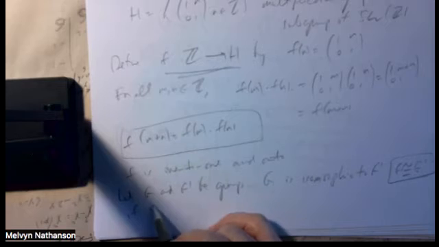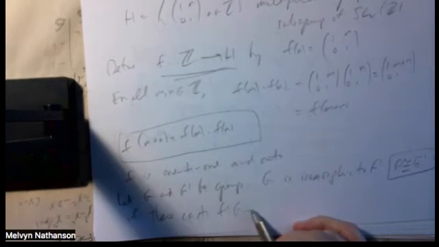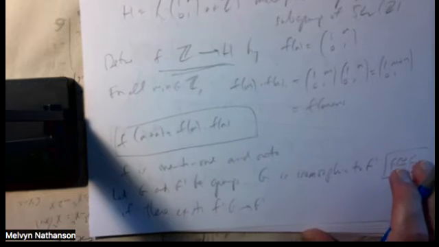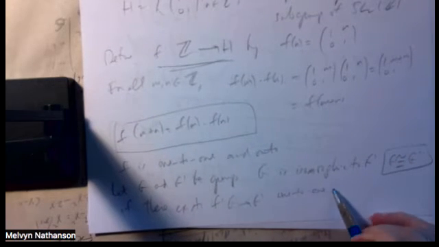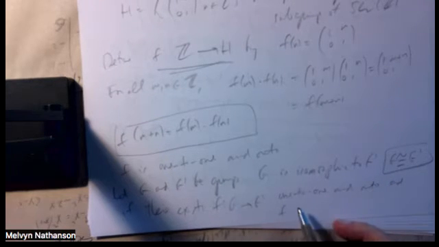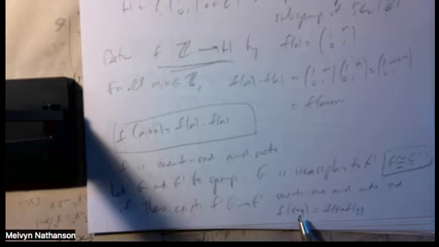If there exists a function f from G to G prime that is 1-to-1 and onto, and satisfies: if I take two elements x and y in G, f of x times y in G is f of x times f of y in G prime, where these dots mean the binary operation in the appropriate group.